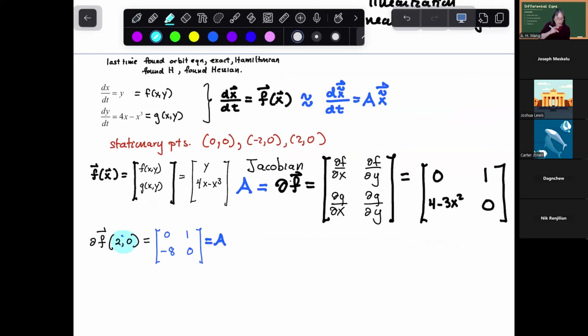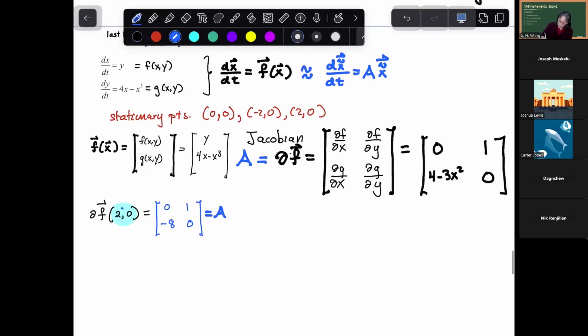Do you see what we're really doing? We take the original system. That original system is dx/dt equal f of x.